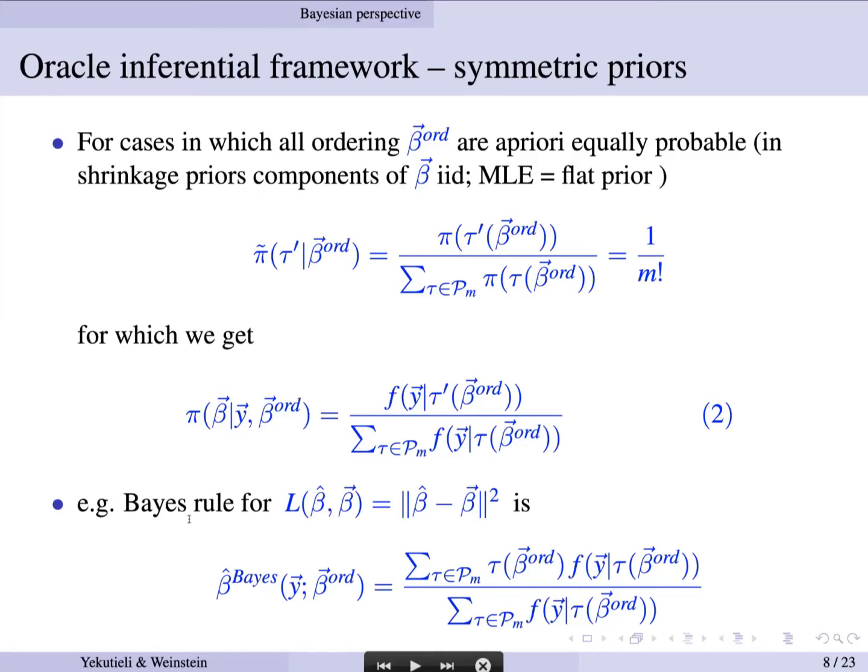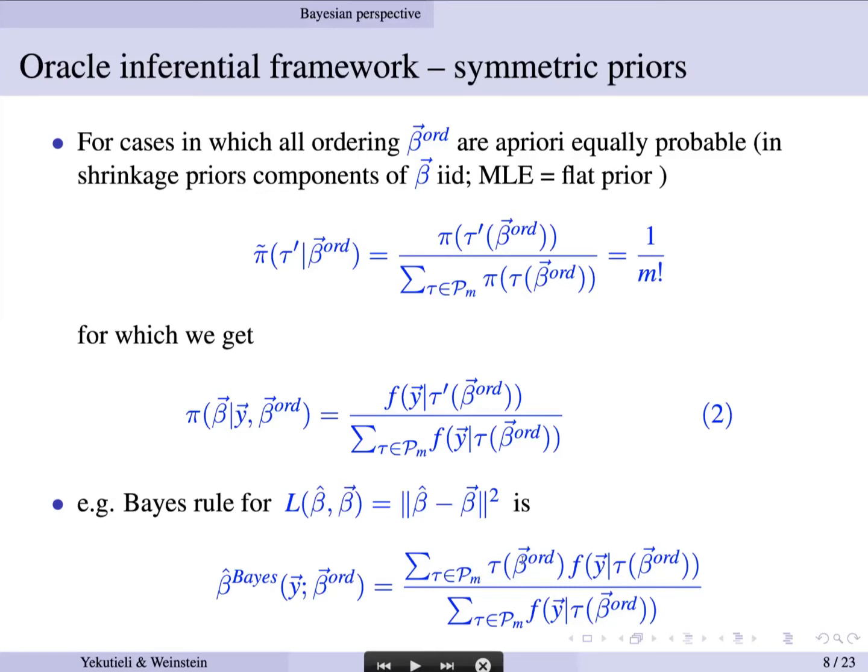And just for clarity, if our loss is the squared error loss, or the sum of squares loss, whatever, it doesn't really matter, then we know that the Bayes rule is the posterior mean. In this case, this oracle posterior mean would be: we know beta ord, we just don't know how to order it correctly. So how do we find our Bayes rule?